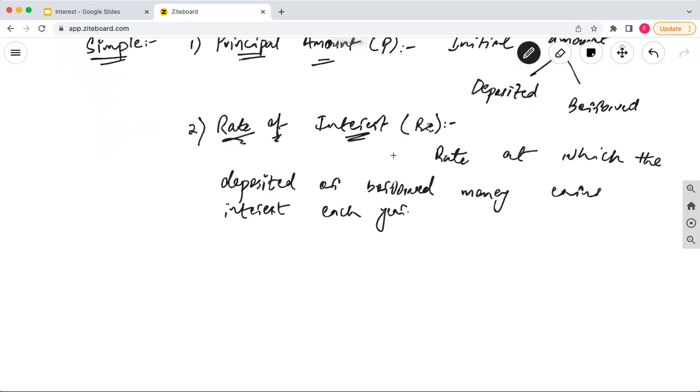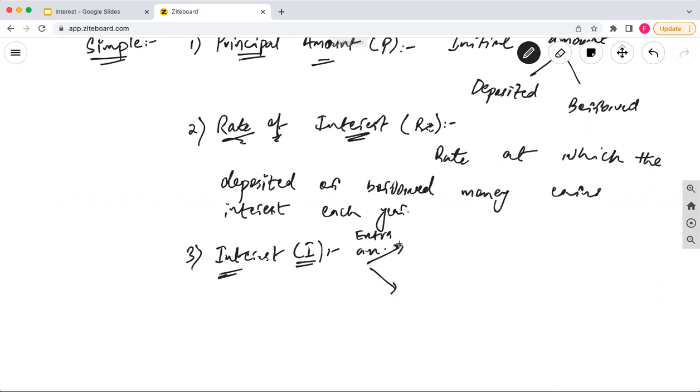The third thing is the interest, which is represented by I. Interest is an extra amount usually paid on the borrowed amount or earned on the deposited amount. So two scenarios. This is basically an extra amount, right?